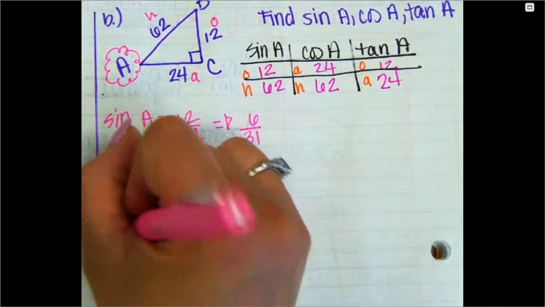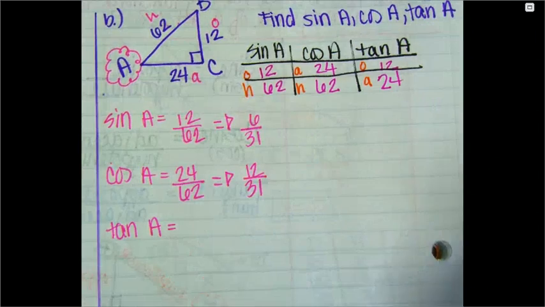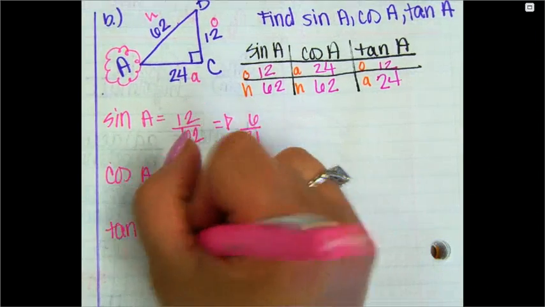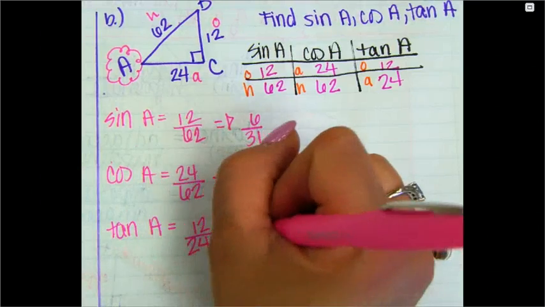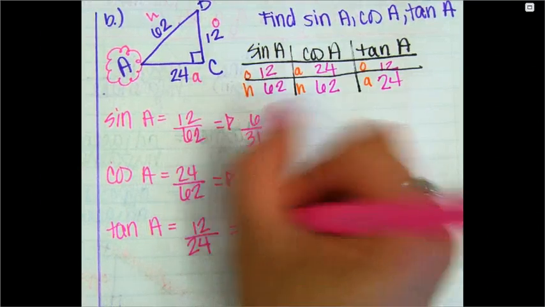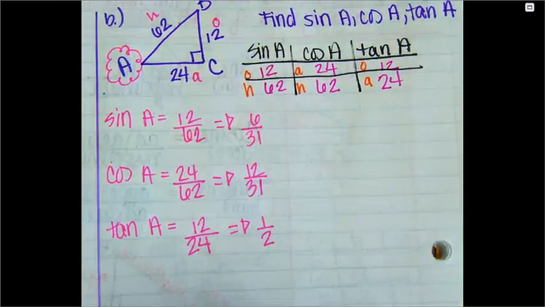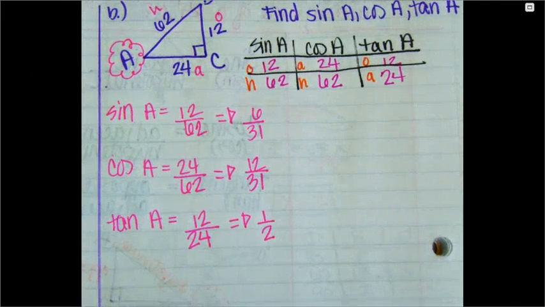Lastly, tangent of A is equal to 12 over 24, which reduces to 1/2. Good, so 1 over 2. Make sense? Good.